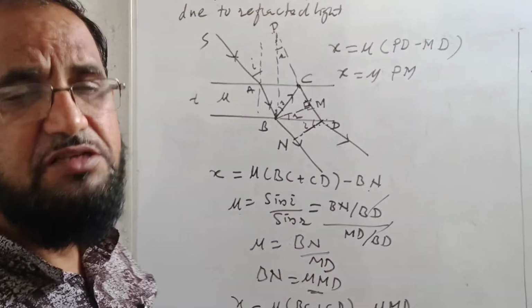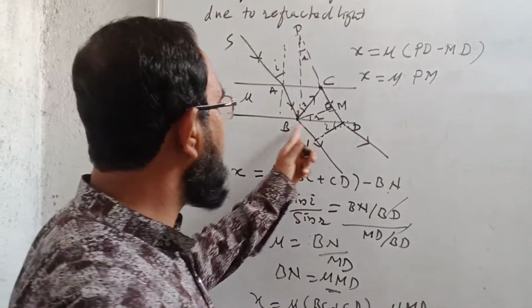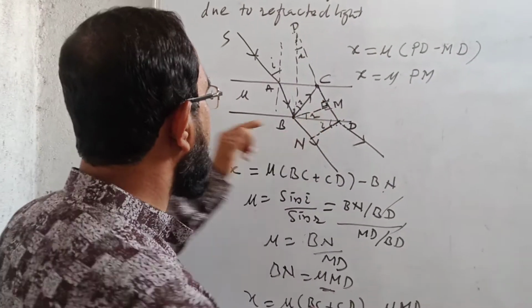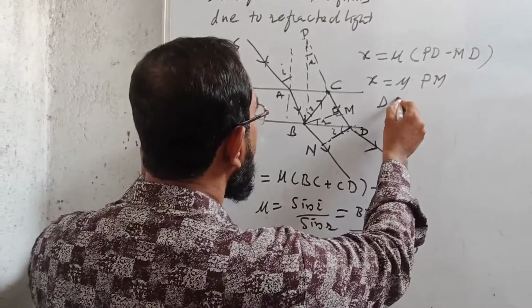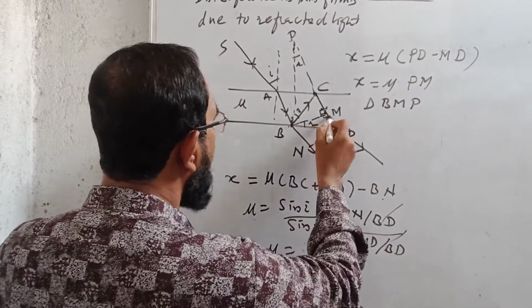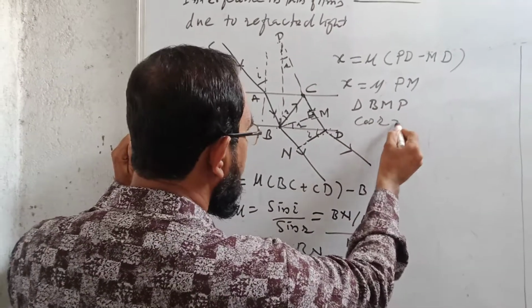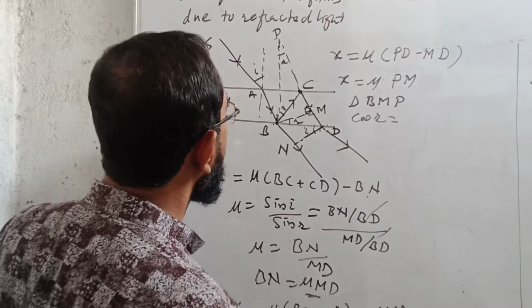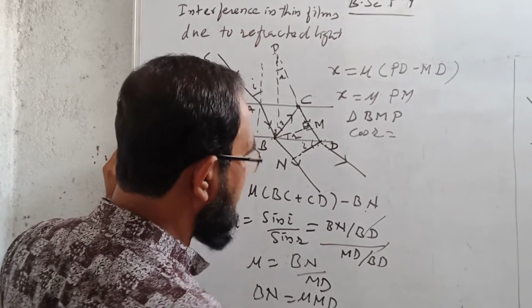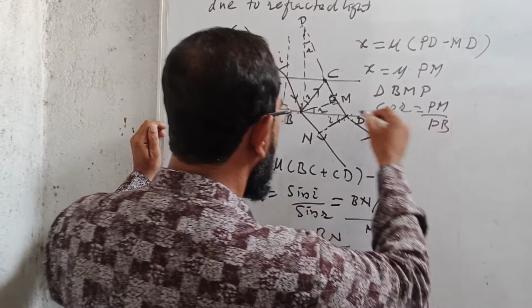Now my aim is to find the value of PM. For that purpose I will use the triangle BMP. In this triangle, I will write cos r is equal to PM upon PB.